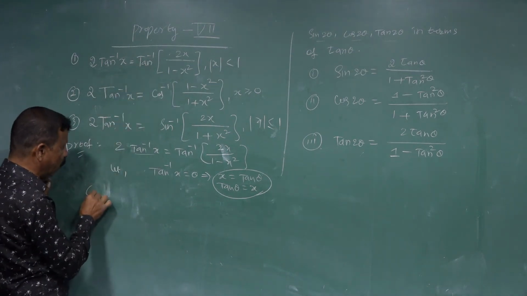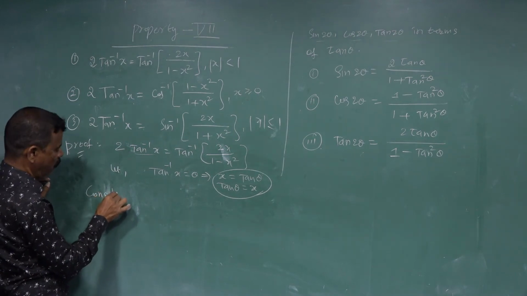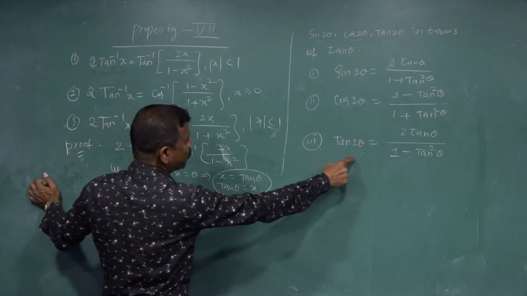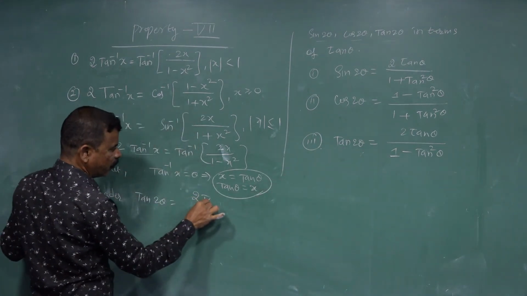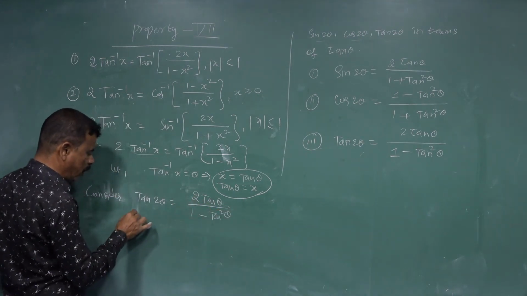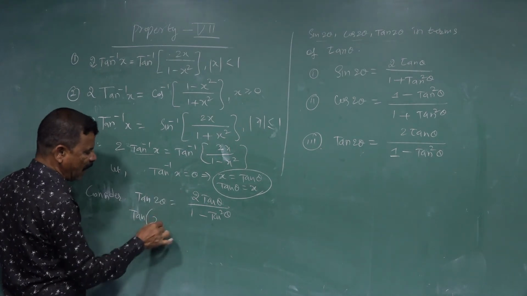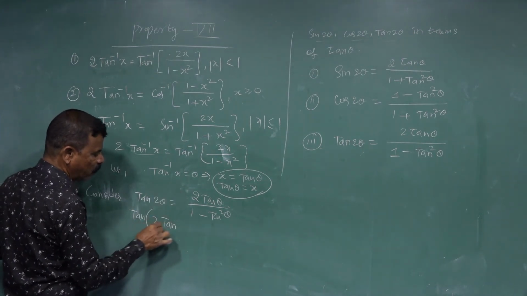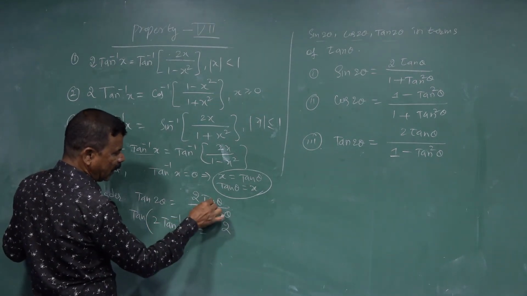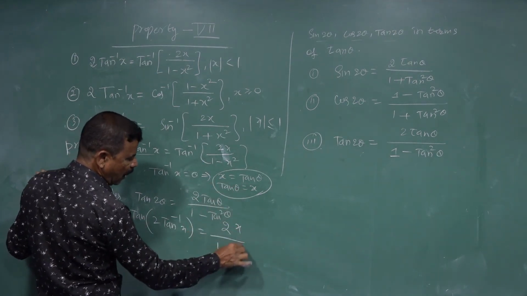So consider tan 2 theta formula: tan 2 theta is 2 tan theta by 1 minus tan square theta. So tan of 2 tan inverse x, whereas theta is tan inverse x, is equal to 2 tan theta, which is x, so 2x by 1 minus x square.